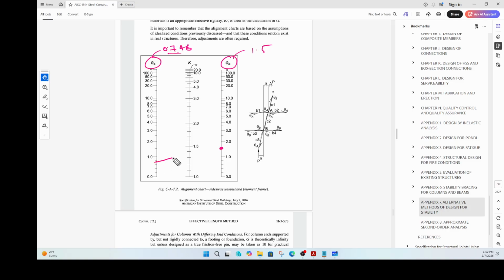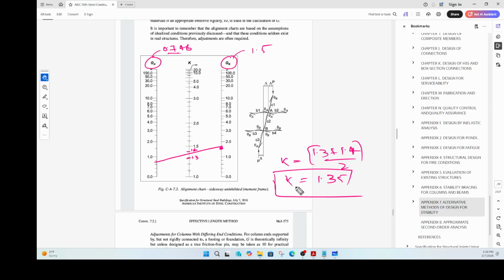And then you come back and put a line here, and that means you are between this value and that value, 1.3 and 1.4. So your final K value is 1.3 plus roughly 1.4, divided by 2. I'm not doing it exactly here. So let's say 1.35. That is the effective length factor for that particular column.